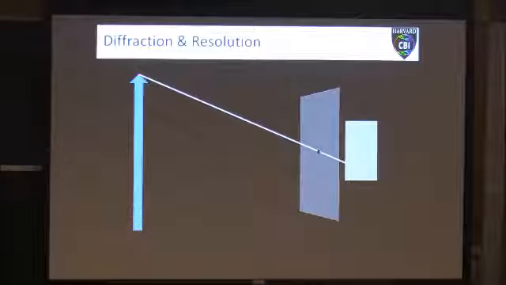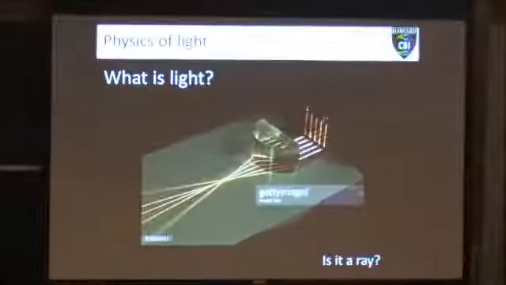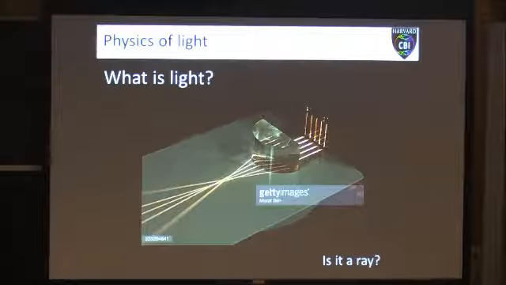All right. So that's the answer if light just traveled as rays and traveled as particles. But we know light is actually a little bit more than that. So we've probably all done these experiments back where you have these little light boxes with these little slots.